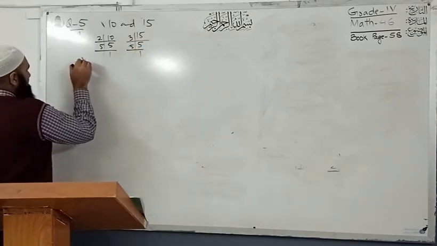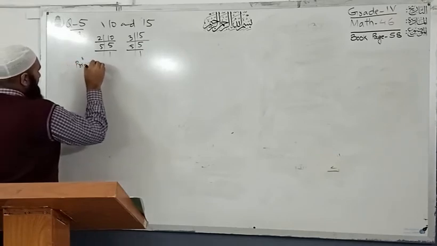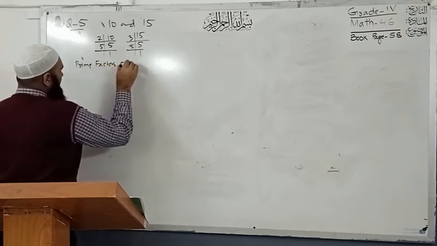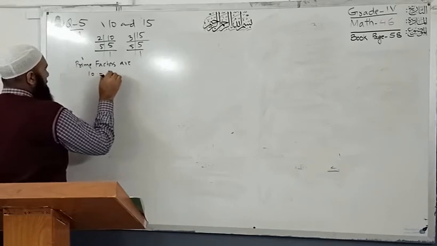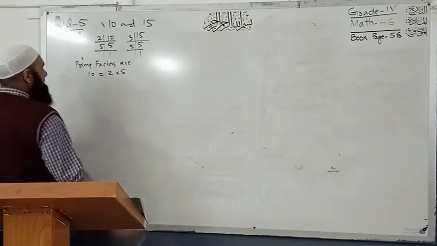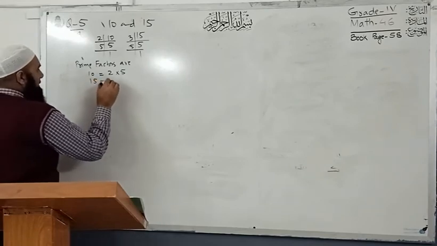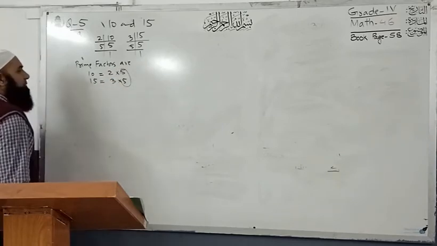Prime factors: 10 is equal to 2 multiply 5, and 15 is 3 multiply 5. There is only one pair.